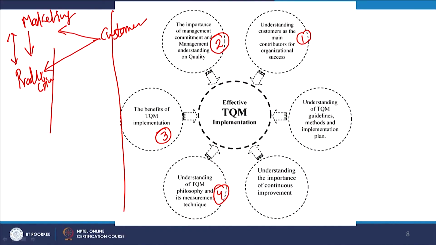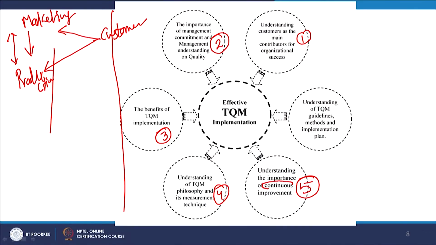And a further important element is that improvement activities are not a one-time activity, they are a regular activity. So, understanding the importance of continuous improvement. This word continuous is very important here, that it is an ongoing process forever, as long as we are in the organization, and I can say even in our life we need to continuously improve.